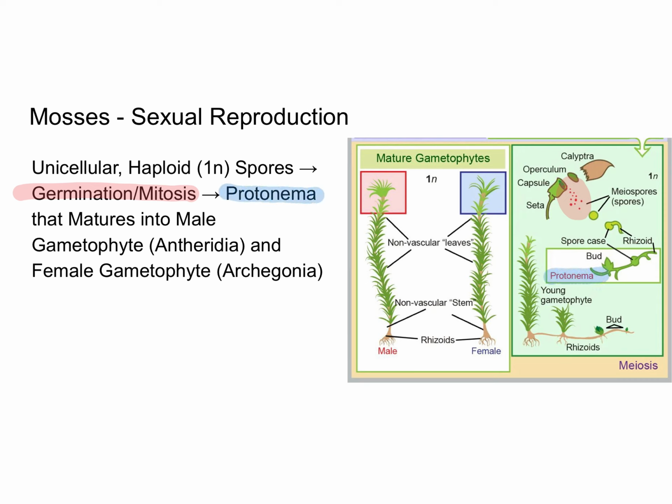And you can see that structure here. The protonema is then going to mature into either a male gametophyte or a female gametophyte. The male gametophyte is going to have the antheridia, which is the male gametangium, or the archegonium, which is the female gametangium.